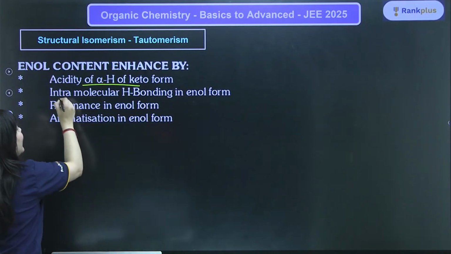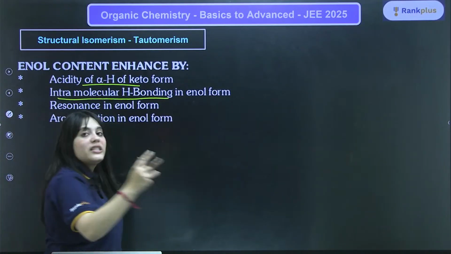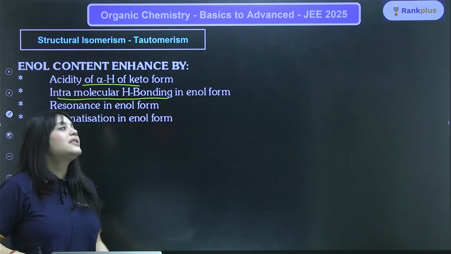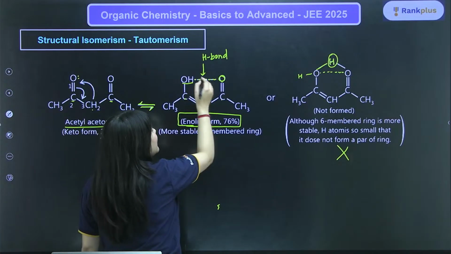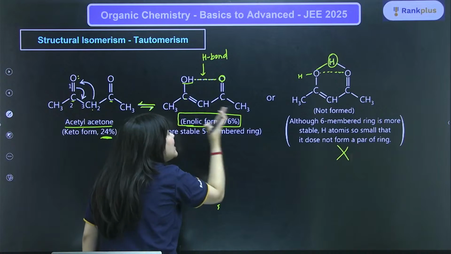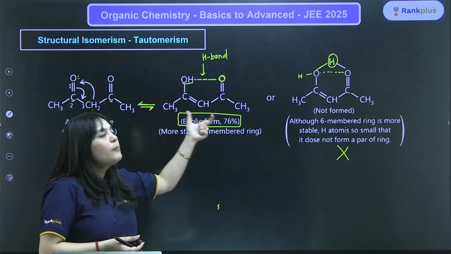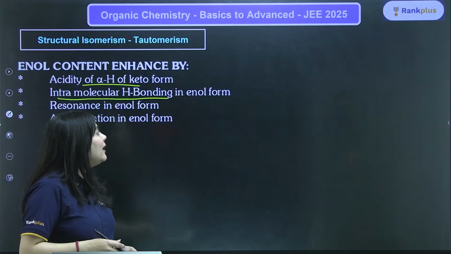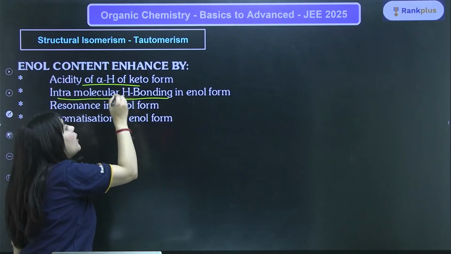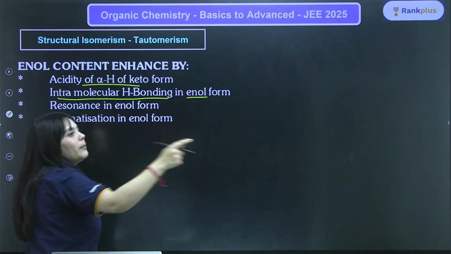Second is intramolecular H bonding. What is intramolecular? Within the same molecule. This H bonding is forming in the same molecule, not between different molecules. Hence, if the intramolecular H bonding is happening, the enol form is more stable.